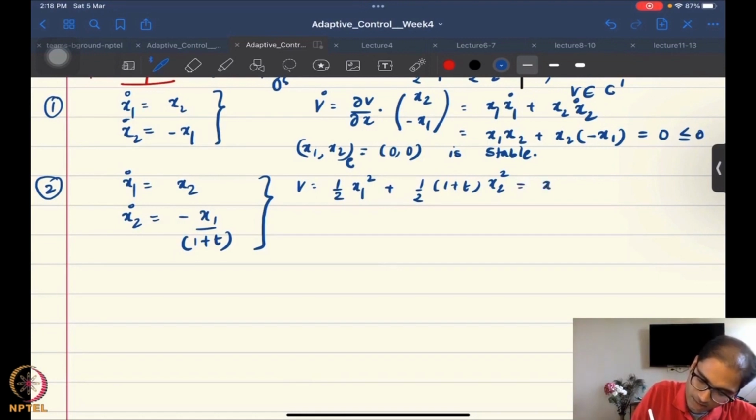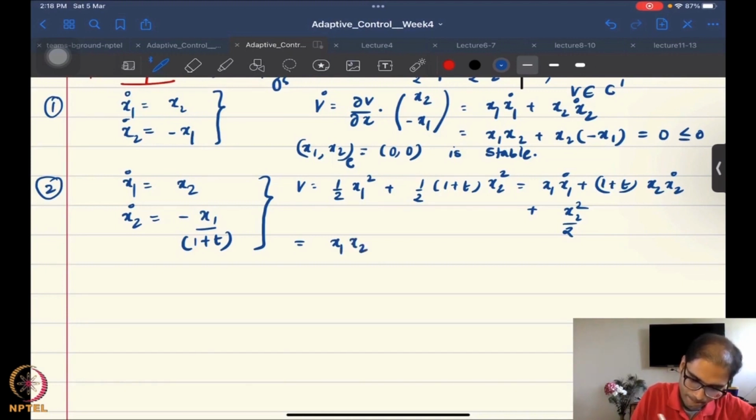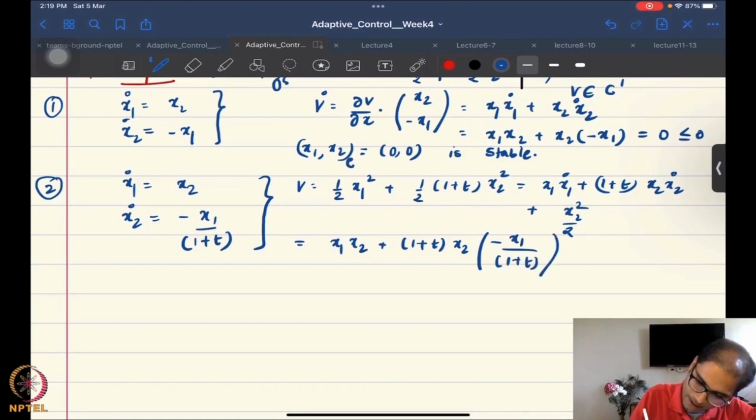And if I try this, this is x1 dot plus (1 plus t) x2 dot plus x2 squared divided by 2. Now if I substitute here, I get x1 x2 from the first term, then I get plus (1 plus t) x2 times minus x1 over 1 plus t, plus x2 squared over 2.